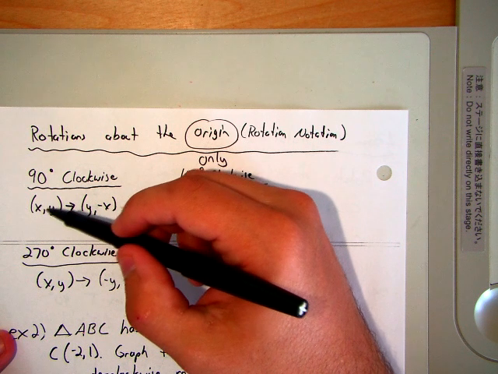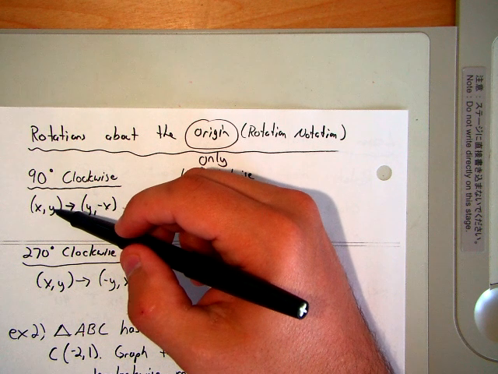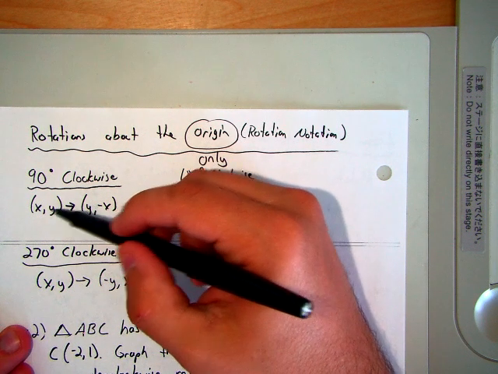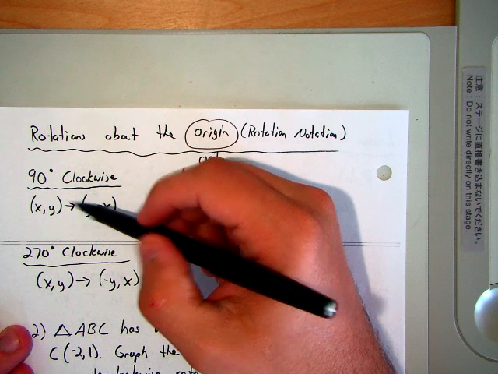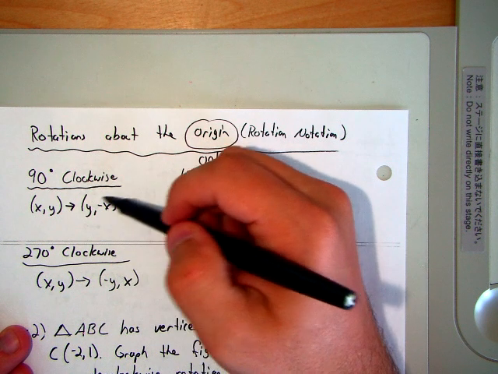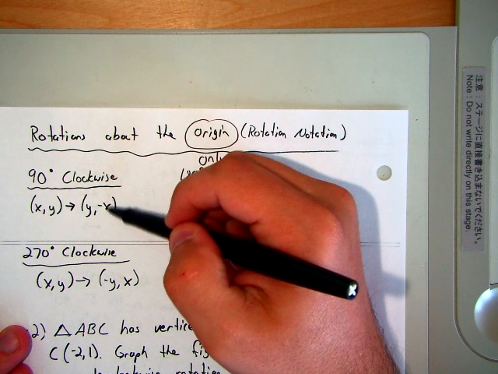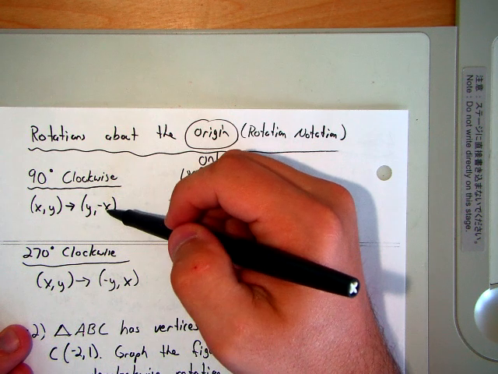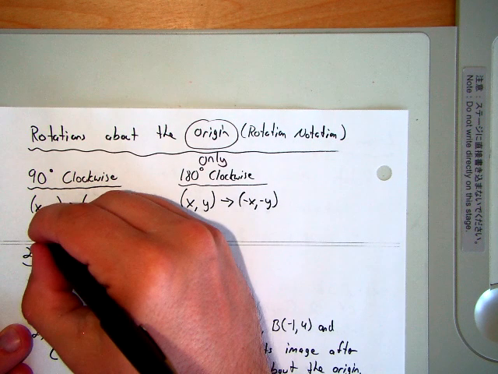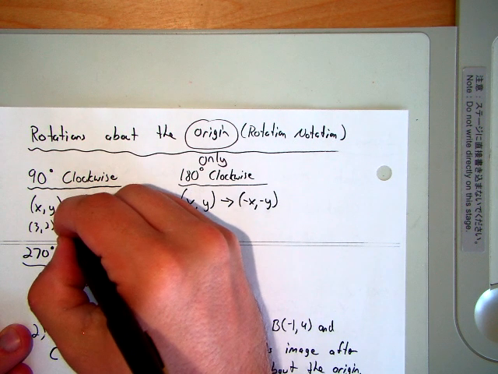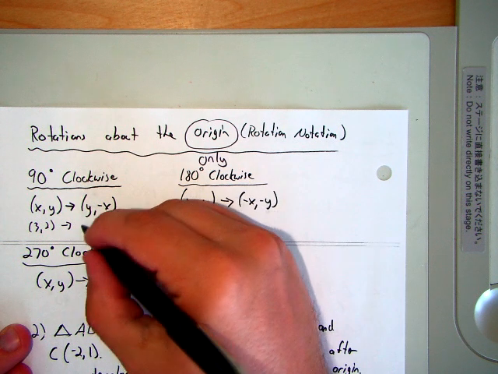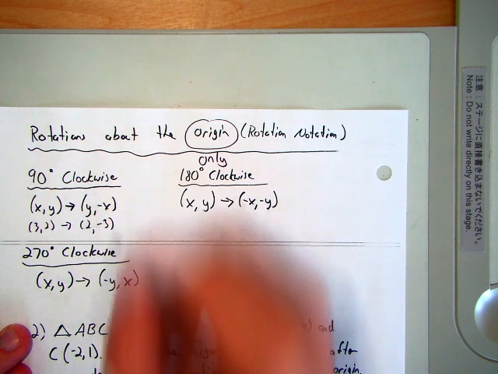X, Y, the original coordinate, the new coordinate after the rotation would become Y, so Y would go first instead of X. And then the X value would become its opposite and become now the Y value of the new ordered pair. For example, if I had an ordered pair of 3, 2, after a 90 degree clockwise rotation, it would become 2, negative 3.